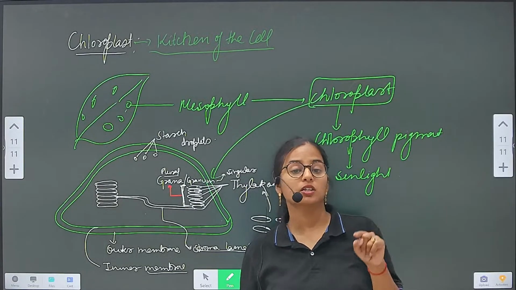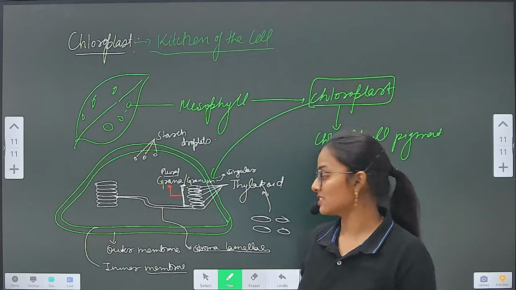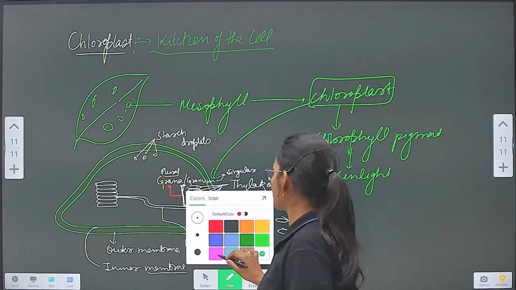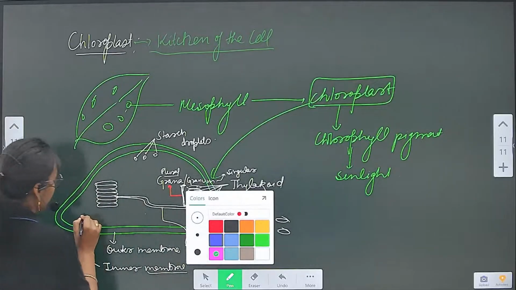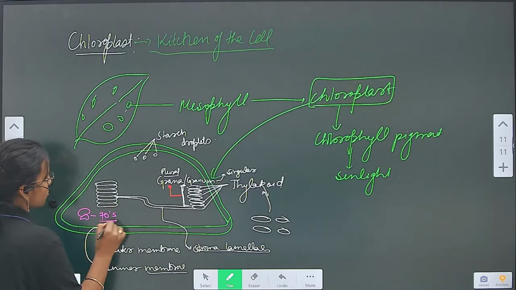So the chloroplasts have their own site of protein synthesis, in the form of ribosomes. Let us draw the 70S type of ribosome over here.